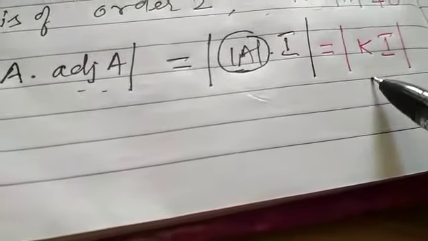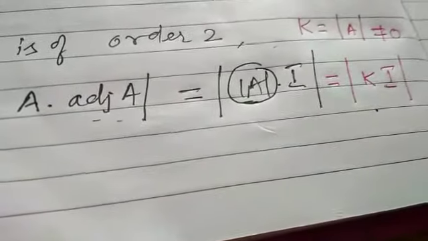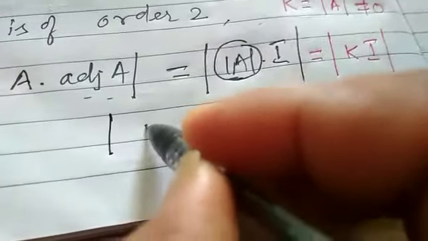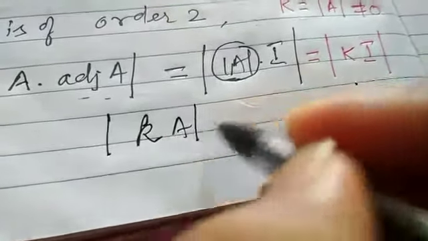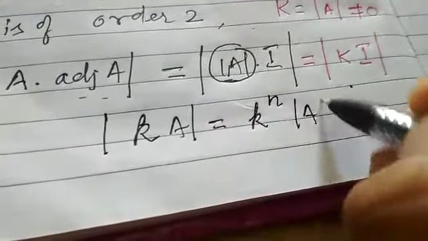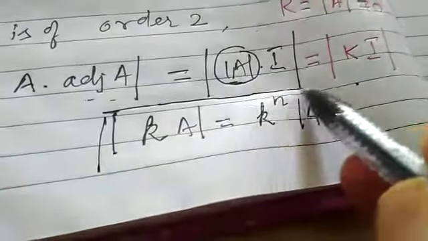Now we want to evaluate this determinant. We have one property, that determinant of K times A is equal to K raised to n times determinant A. This is the property which we studied when we started the properties of determinants.